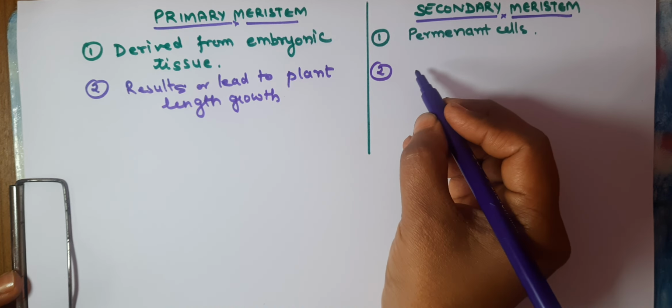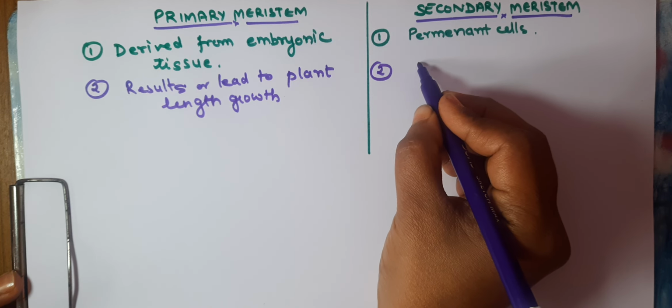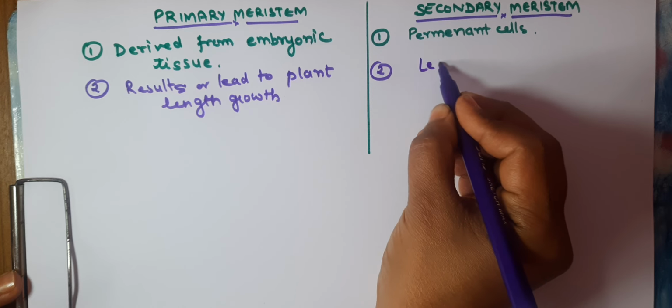Whereas the secondary meristem leads to an increase in the girth. So it leads to girth growth.